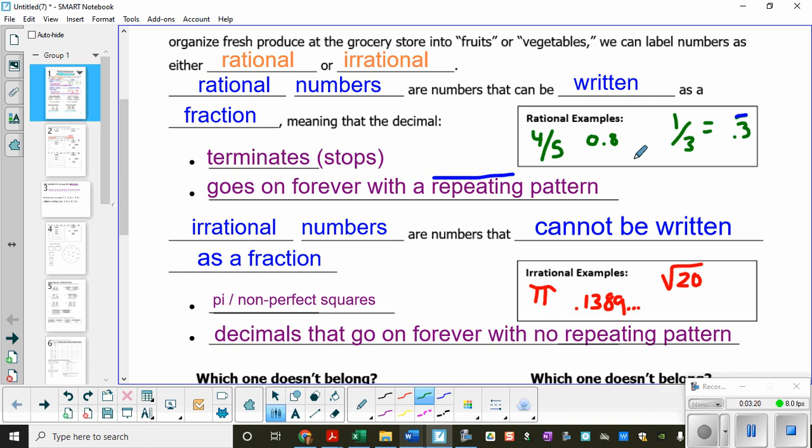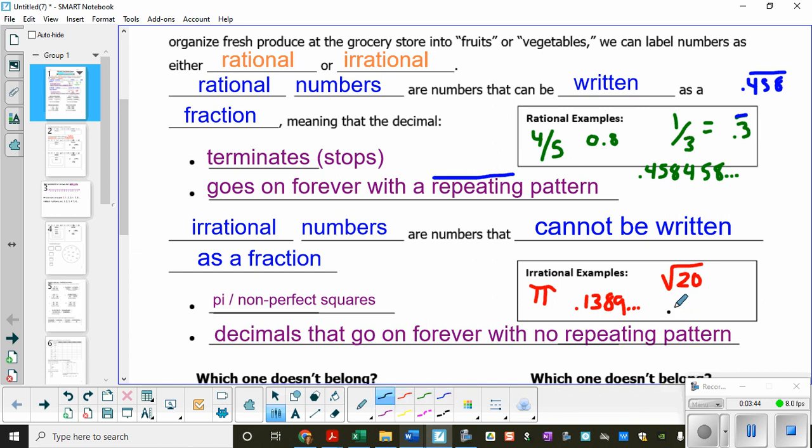Back to rational, if you see something like 0.458458, dot, dot, dot, you know that that's rational because you could write this as 0.458 with the line up above it to tell you that the 4, the 5, and the 8 repeat. That's what I mean by a repeating decimal.